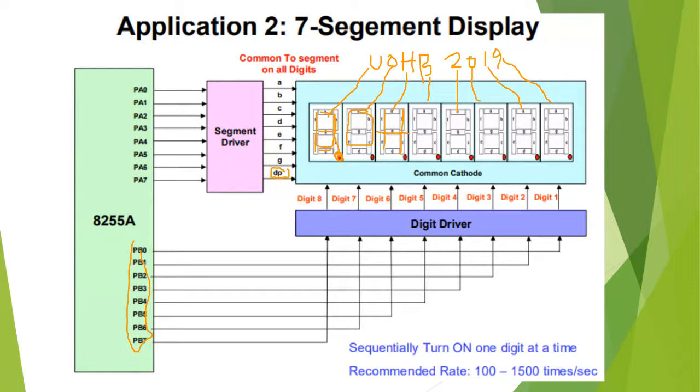U comes first, then O, then H, then B, then 2, but the gap is very short, and then the process goes again and again. So at a time one digit is on, then the next one, then the next one. So you get the idea. The idea is clear.